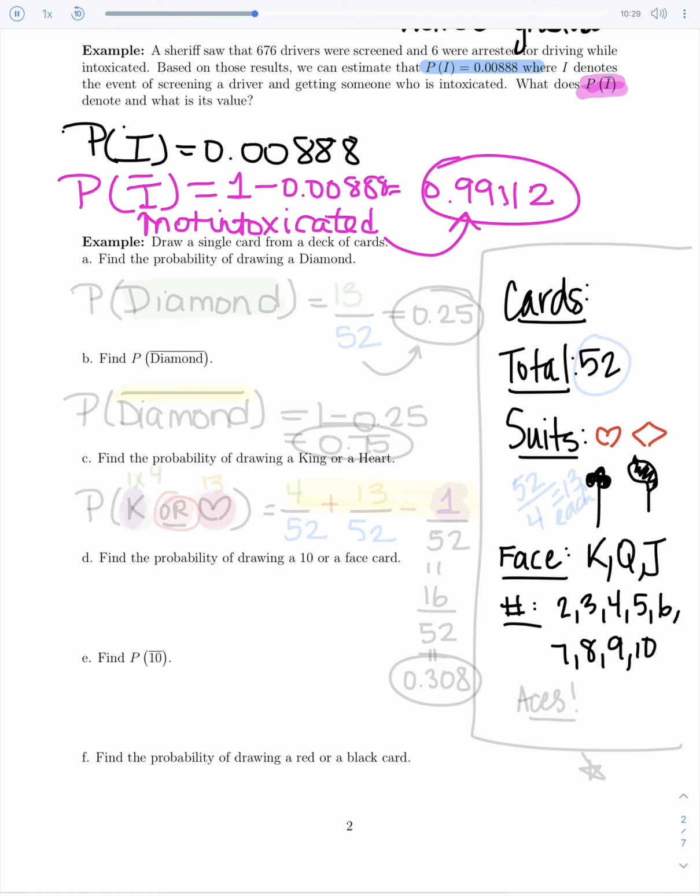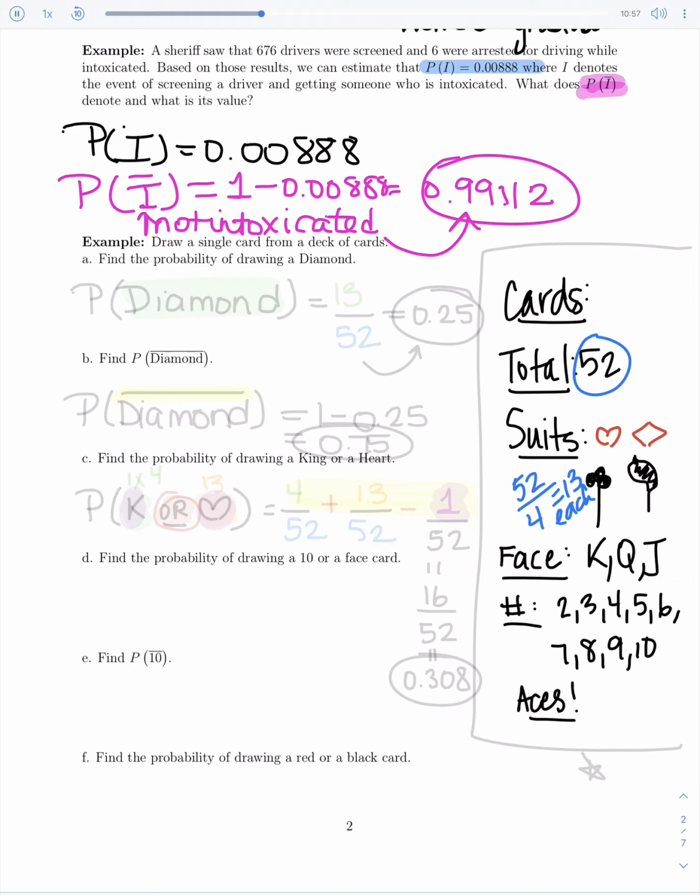And then you do also have aces, but they're considered kind of their own separate thing. Next, how many cards are in each suit? If there's a total of 52 cards divided by 4 suits, that tells you there are 13 cards in each suit.